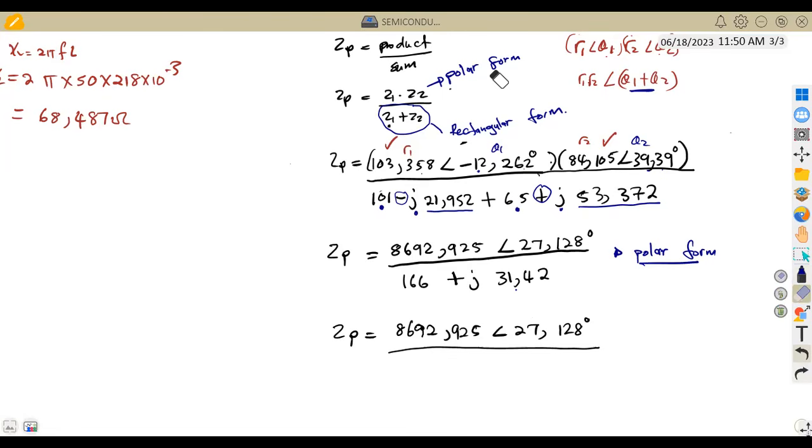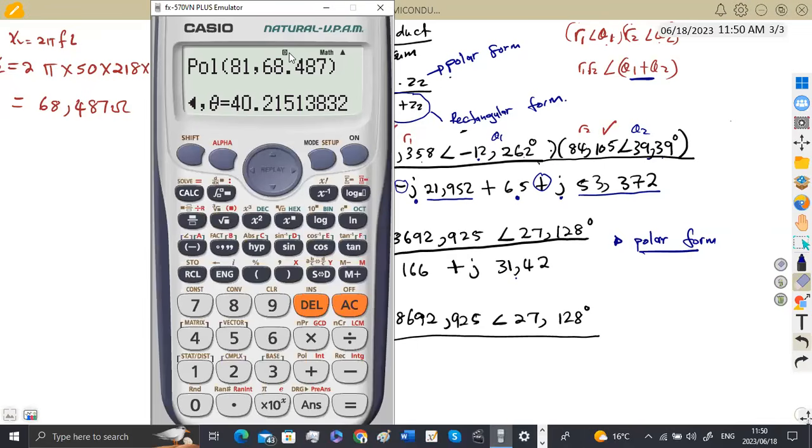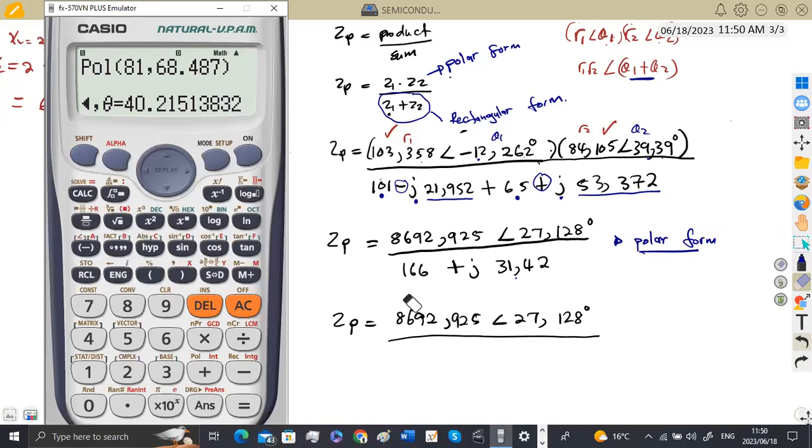So let me show you the part on another screen. We want to convert 166. It's shift, pol, which is a plus here. That's 166 separated by a comma from 31,42, like this. Close your bracket, and we've got our answer in polar form.